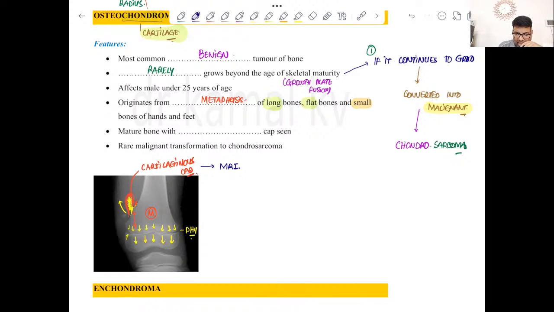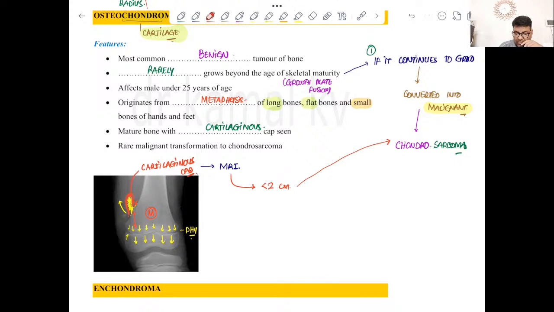Now this cartilaginous cap is also, in one way, prognostic for us, you can say, because normally it should be less than 2 centimeter. But if it increases in size, it again indicates that the tumor has become malignant, right?